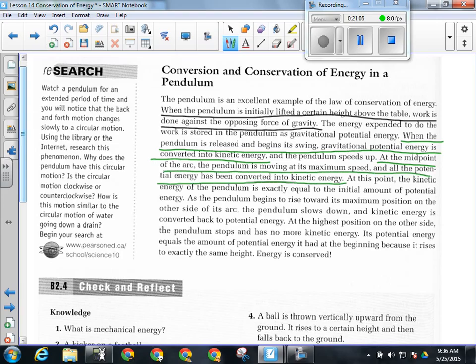And then we have to remember also that at the highest position on either side, the pendulum stops and has no more kinetic energy. Its potential energy equals its mechanical energy at that point. Is this making a bit of sense to people?